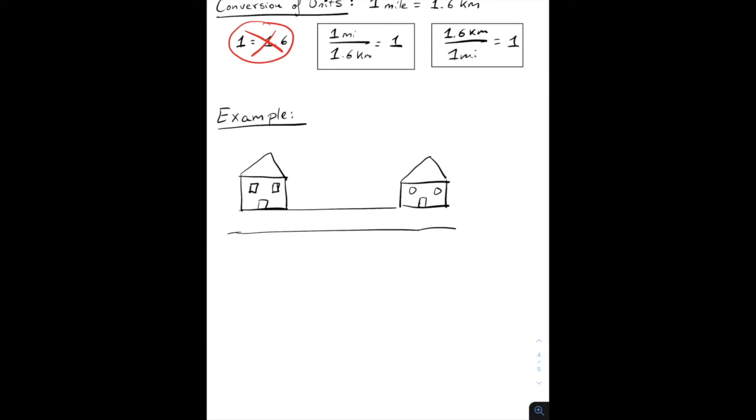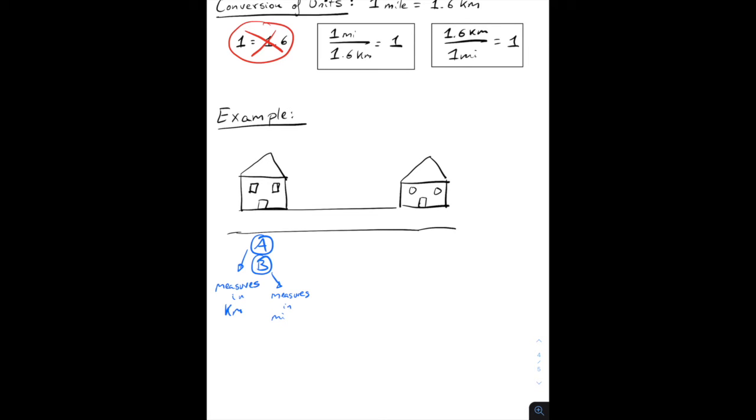Okay, so the example that I want you to consider is that we have person A and person B standing next to each other. Person A measures lengths in kilometers. Person B measures lengths in miles.